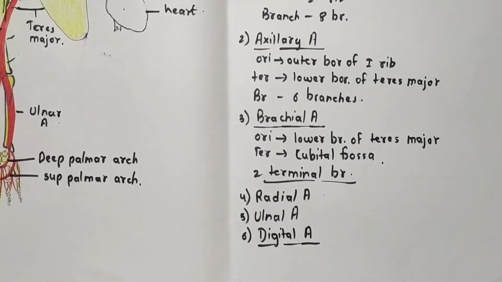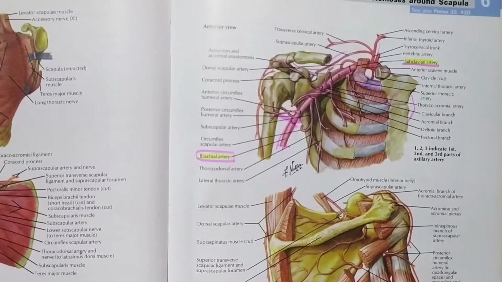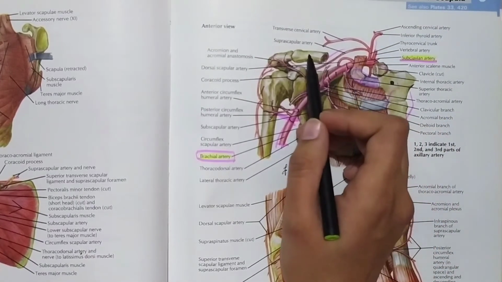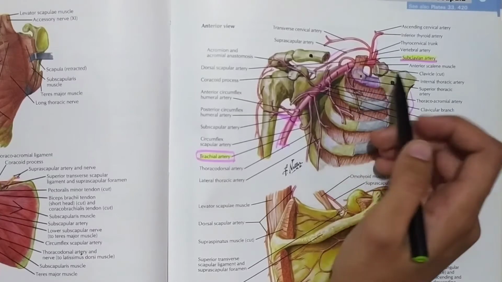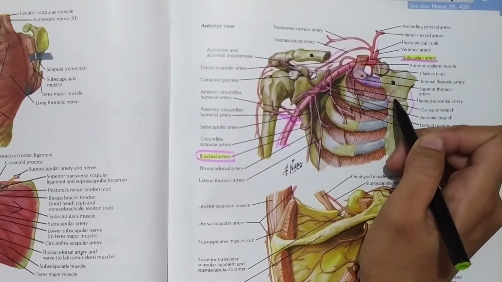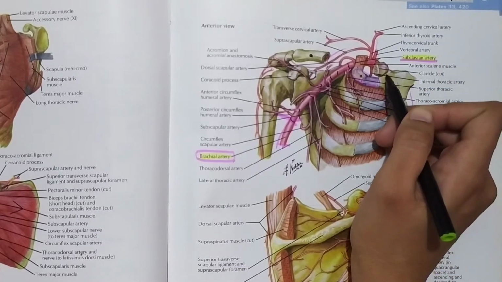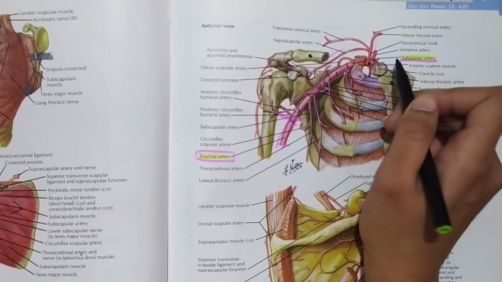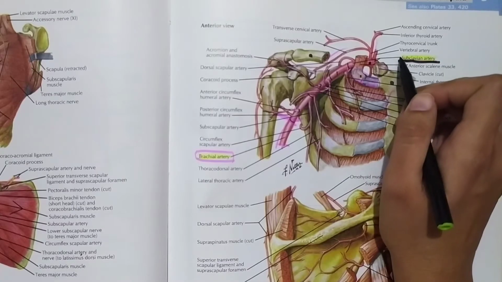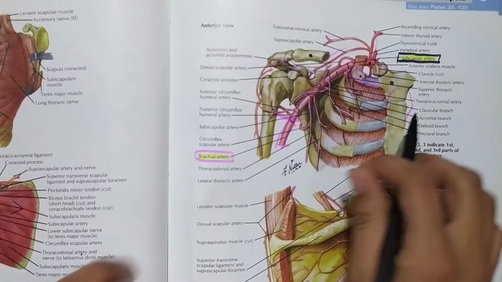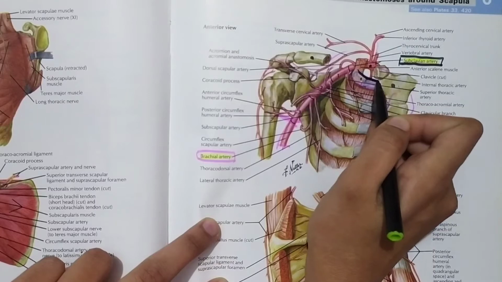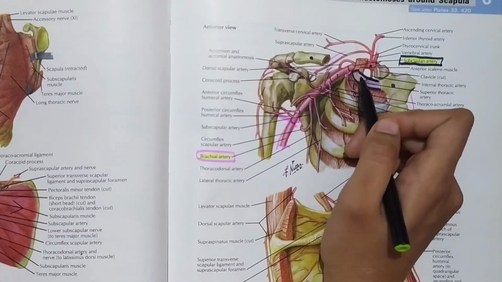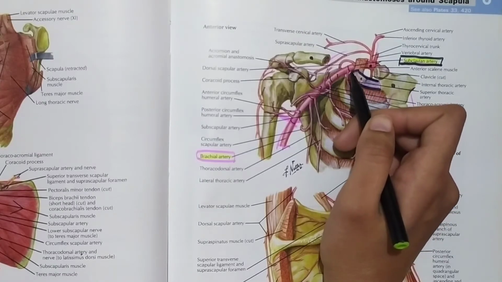Now we'll see from atlas. See in this diagram, this is sternum, this is clavicle, this is first rib. So behind the sternum heart is present. From here the subclavian artery arises. So this one is the subclavian artery, and this is the first rib. I have told you that from the outer border of this first rib it will continue as axillary.